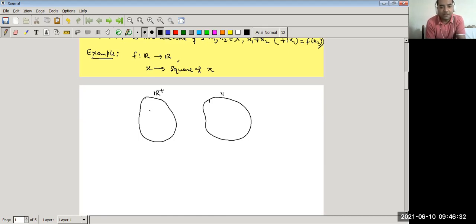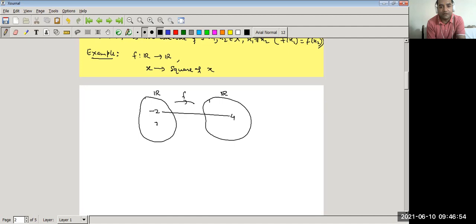So if we take, now instead of R plus, it is R, and codomain is also R. So if we take any element -2 belongs to R, then its image, its square, is 4.